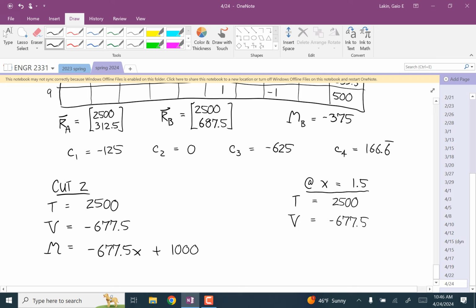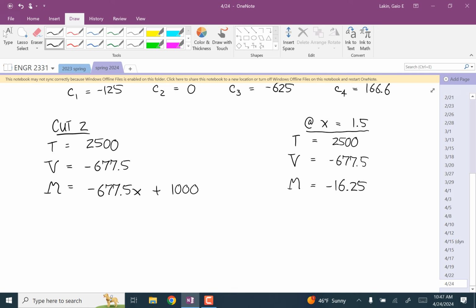And M is equal to negative 16.25. Feels like a lot of work for such small values, but you got to be careful.